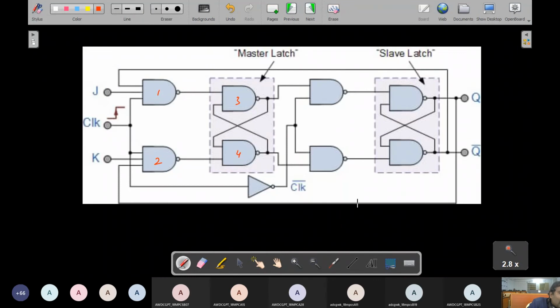Now the feedback process: here also we use a feedback connection, but the master input is connected to the slave outputs. So this is the little bit of difference between the JK flip flop and the master slave JK flip flop.